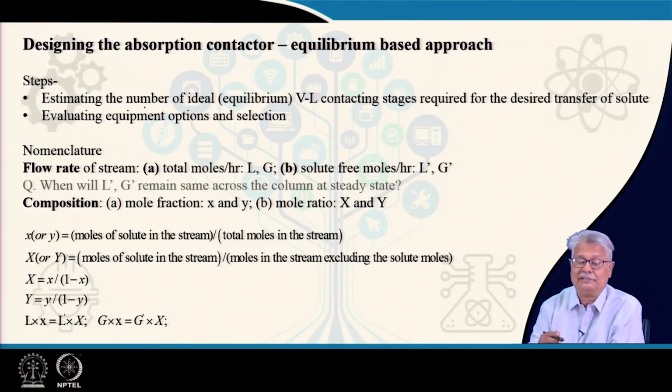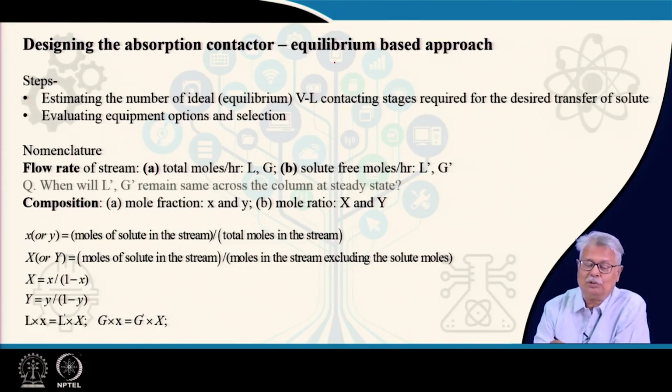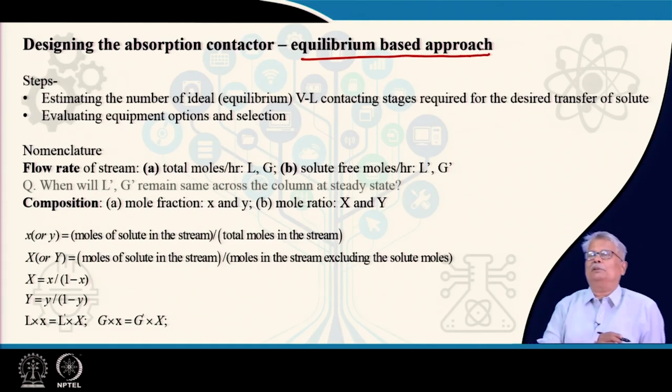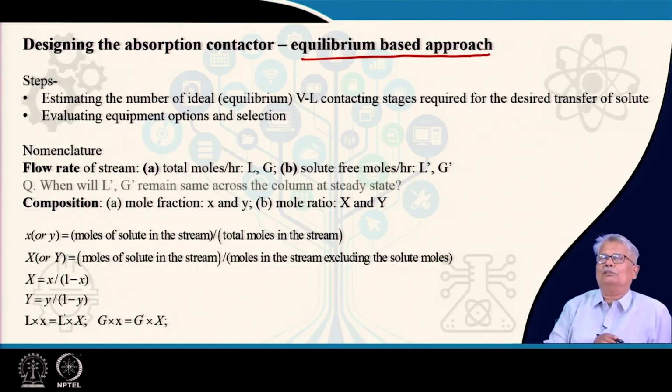We already have said right at the beginning of the course that we are going to have an equilibrium based approach. That means, what we intend to do is to find out the number of ideal stages, which means that the vapor and the liquid streams leaving will be at equilibrium. We find out the number of such stages, which is the number of ideal stages, then we implement it.